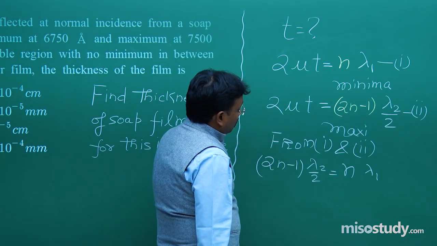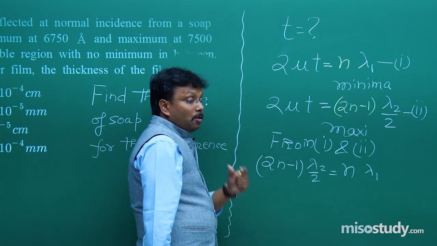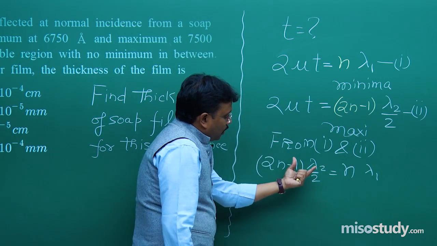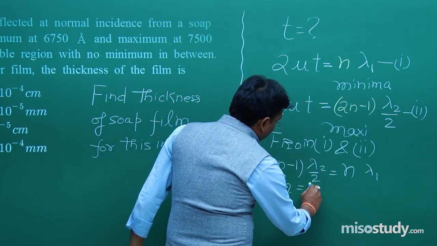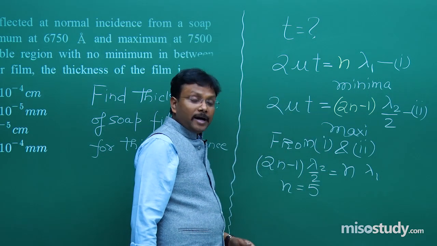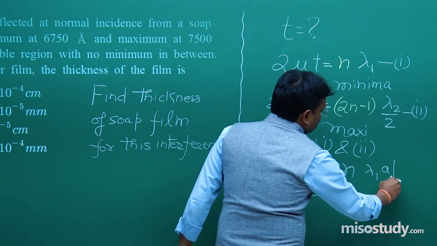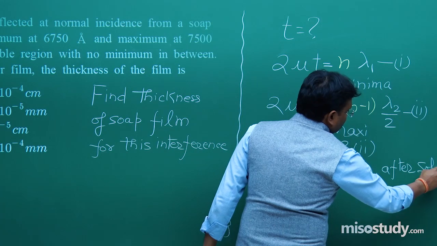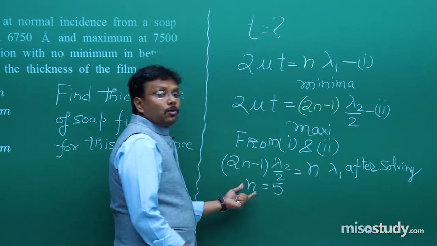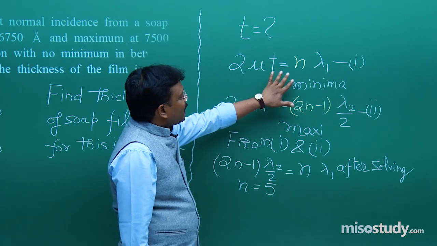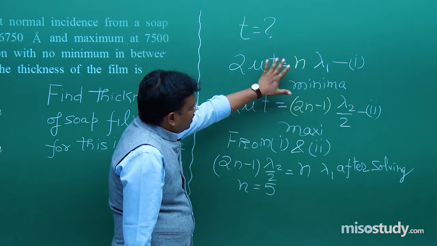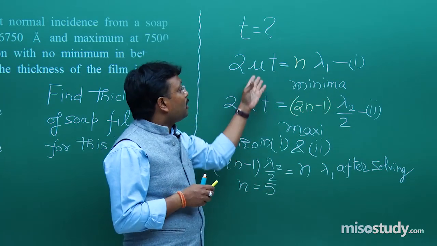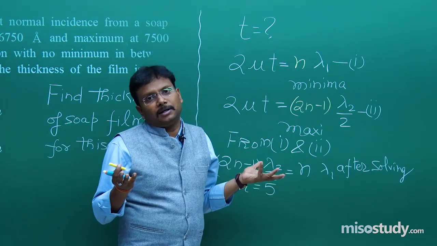From here, after solving, because the values of lambda 1 and lambda 2 are given, what will we get? n is equal to 5. I am not doing the trivial calculation. So if n is equal to 5, we can calculate the value from equation 1 or 2 as per your wish, because mu is given and you have to find the value of t.